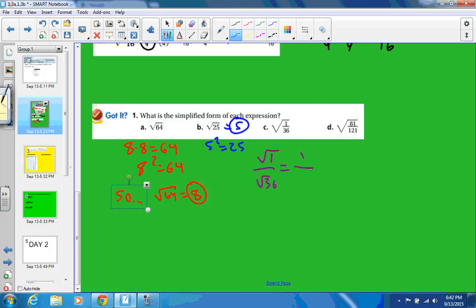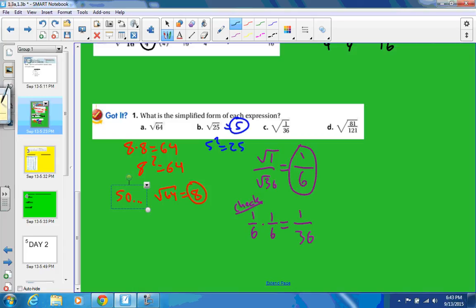So that's 1. And what times what gets you to 36? I think it's 6. So the answer should be 1/6. Let's check that. 1/6 times 1/6. 1 times 1 is 1. 6 times 6 is 36. So that does get you to that 1/36.